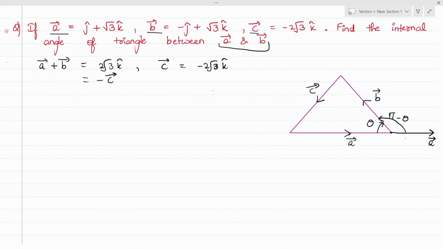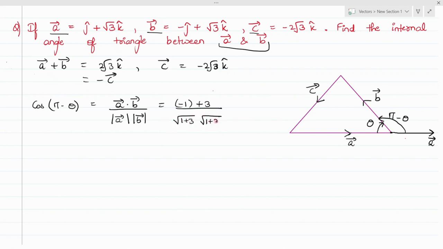So now let's find out cos of pi minus theta, which is nothing but A dot B divided by the product of the magnitudes of both vectors. Now A dot B is nothing but 1 into minus 1, that is minus 1, plus root 3 into root 3, that is 3, divided by the magnitudes, that is root of 1 plus 3 into root of 1 plus 3.